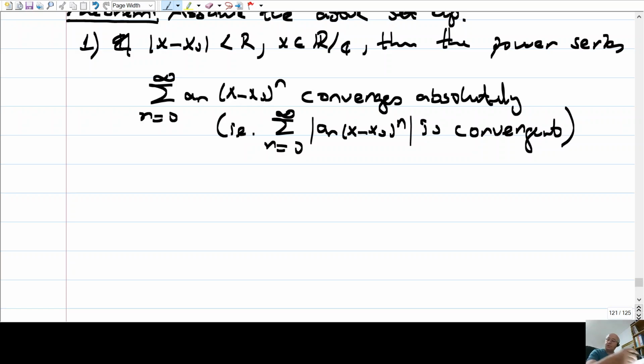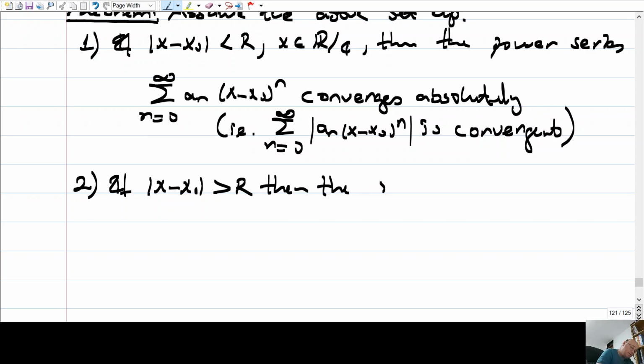All right. The second part of the theorem is the following. If |x minus x0| is larger than R, then this series is divergent.